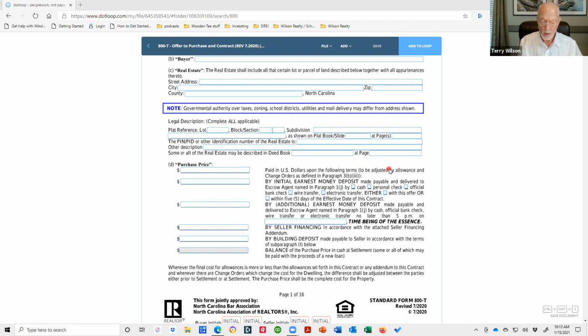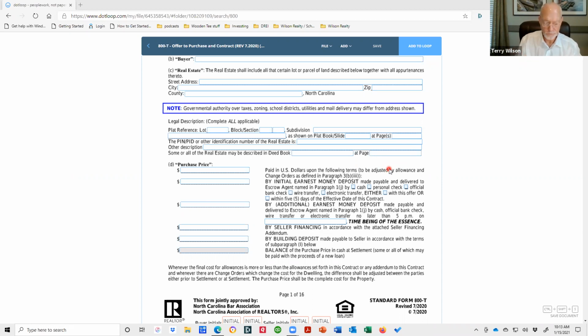So that purchase price may or may not be adjusted based upon the allowance or change orders as determined in the schedule of allowances addendum. So far, so good? I don't want to get anybody lost.